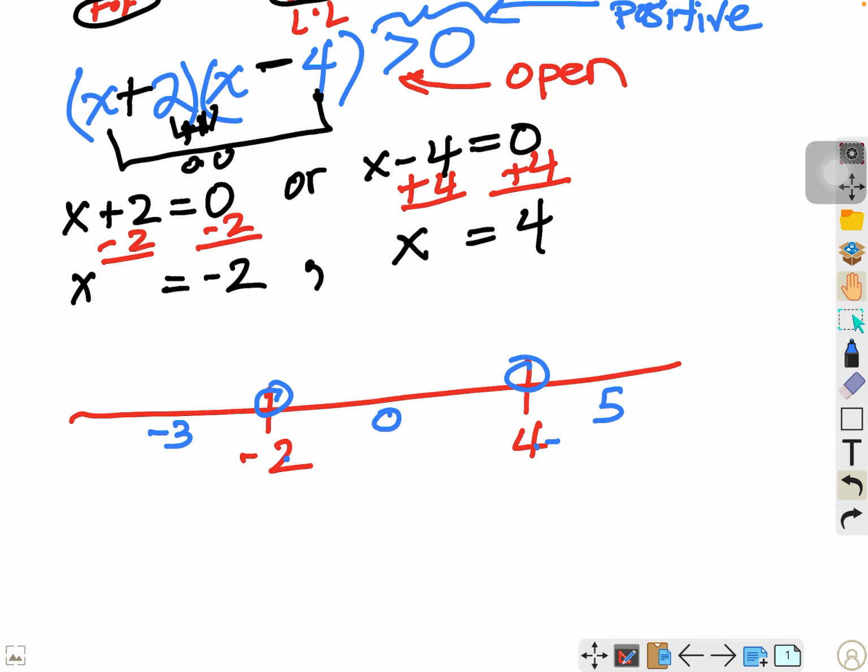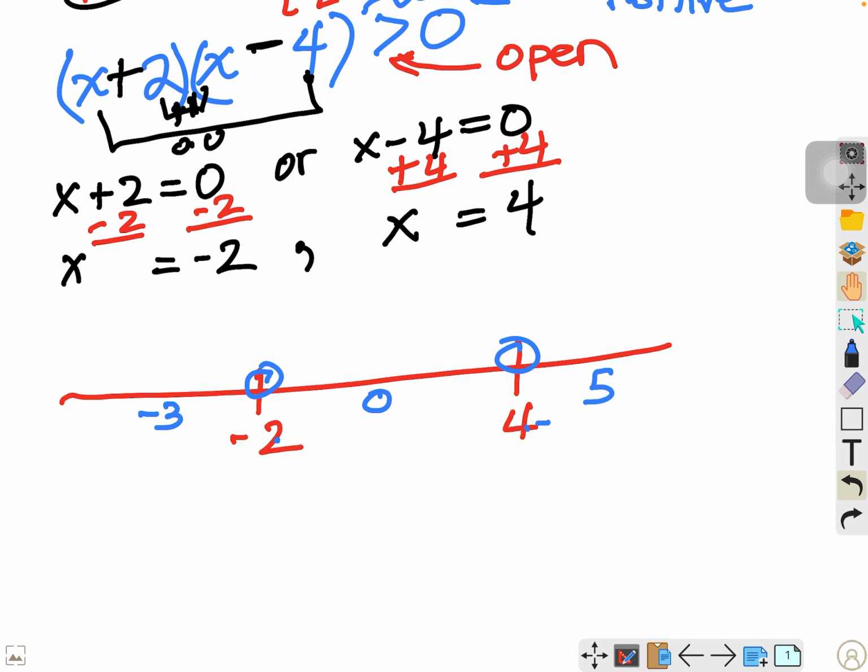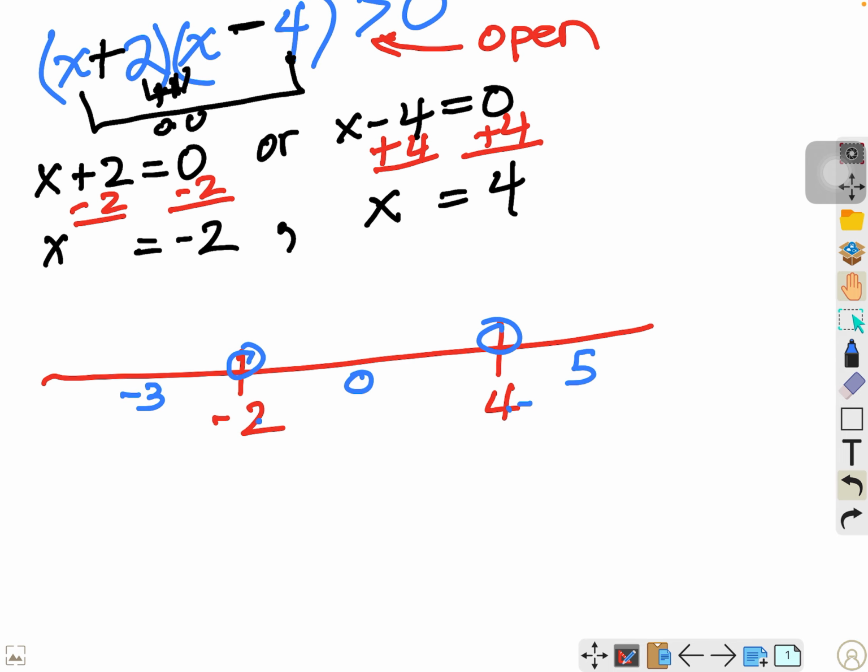So we have to test. Let's test negative 3. Negative 3 plus 2, that's going to be a negative outcome. Negative 3 subtract 4, that's also going to be negative.